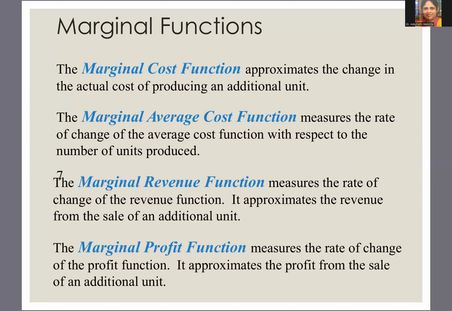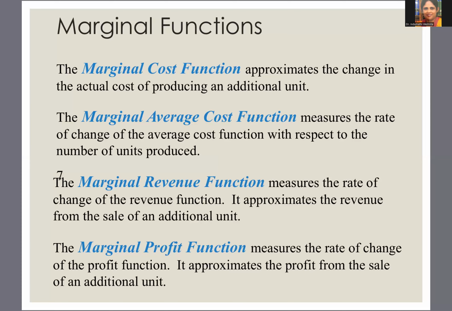In other words, marginal revenue is the extra revenue that an additional unit of product will bring a company. It can also be described as the change in total revenue divided by the change in number of units sold. Similar explanations we can use for all kinds of marginal functions.